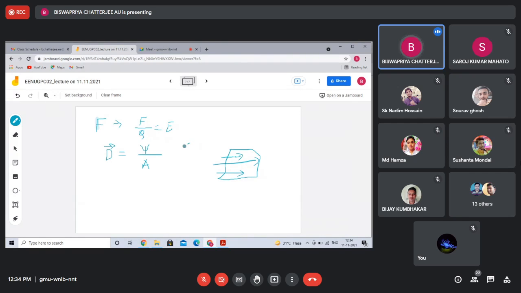Its unit will be coulomb per meter square, because area is meter square, but flux or charge, whatever it may be, their unit is coulomb. So the electric flux density D is the flux per unit area, and the unit is coulomb per meter square.